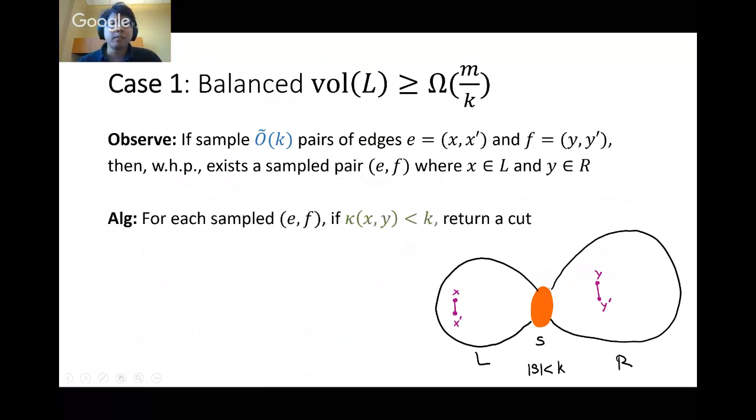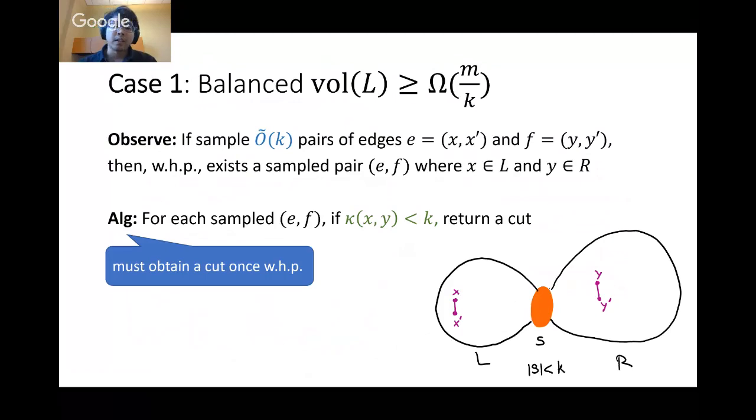But once you have this, it suggests a very simple algorithm. So what do we do? For each sample pair EF, you just check if the connectivity from X to Y is less than K. And if it is the case, then the Maxflow algorithm will return you a cut.